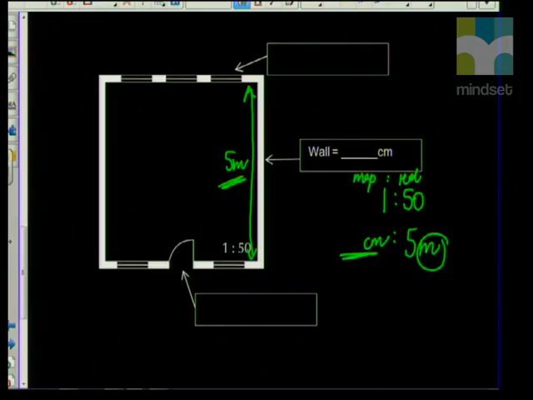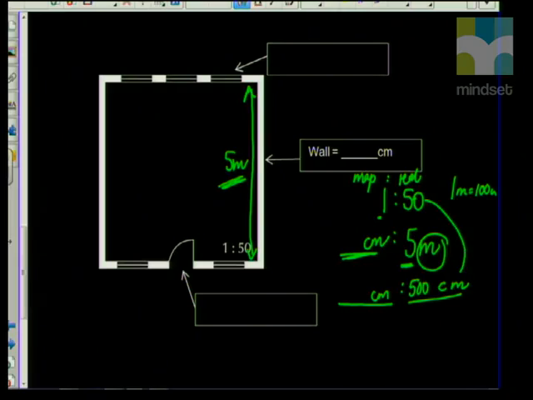Now the big problem is that I need to have the same units. So therefore I want to say so many centimeters is related to so many meters. So I need to first of all change this to be centimeters. So I'm going to change that to be 500 because I know 1 meter is equal to 100 centimeters. And I know that for every 1 centimeter on the map, I've got 50 centimeters in real life.